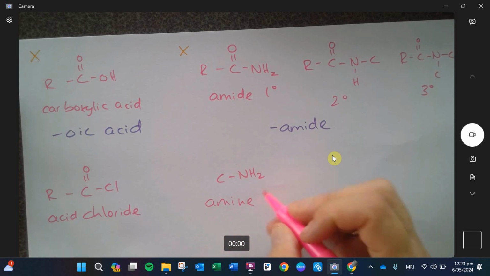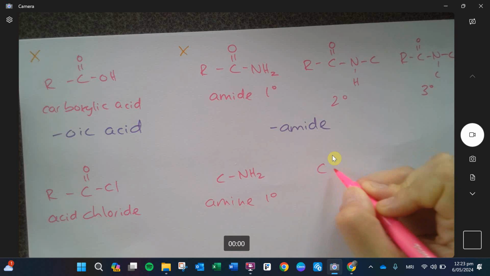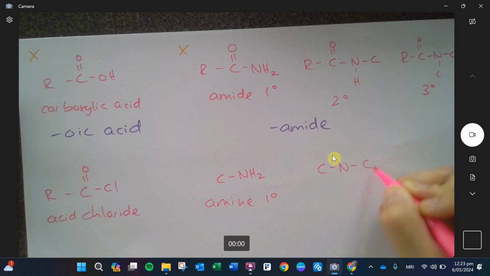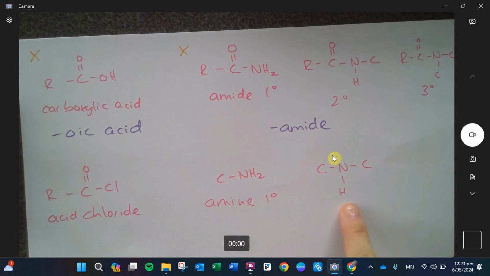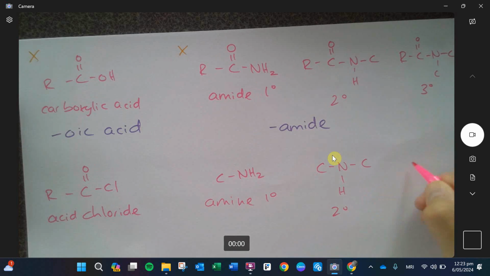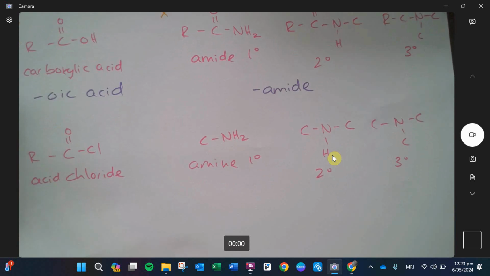Now, some things to keep in mind. This is a primary. If the nitrogen is attached to a second carbon, like the one up here, secondary, and if it's attached to 3 carbons, think 3 carbons tertiary. I'm just pointing that out to you guys because it does influence how you name it, but we don't have to stress about that at this point.